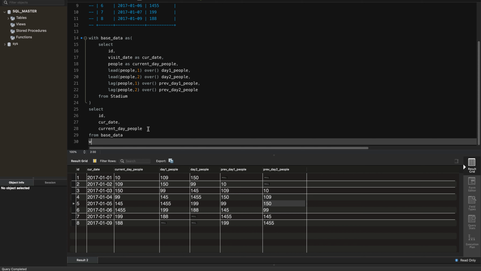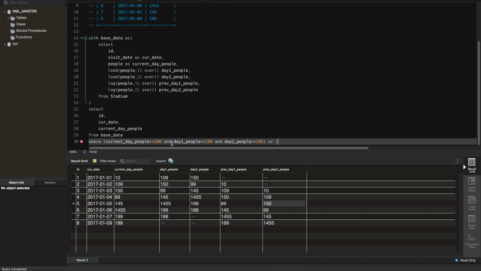Our condition should be where this current day people should be greater than 100 and day 1 people should be greater than or equal to 100 and day 2 people should be greater than or equal to 100. This is one condition.